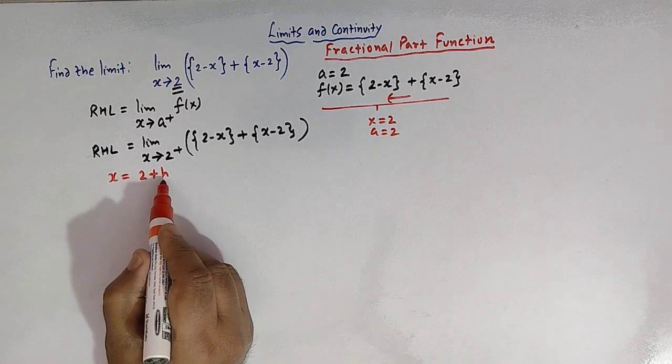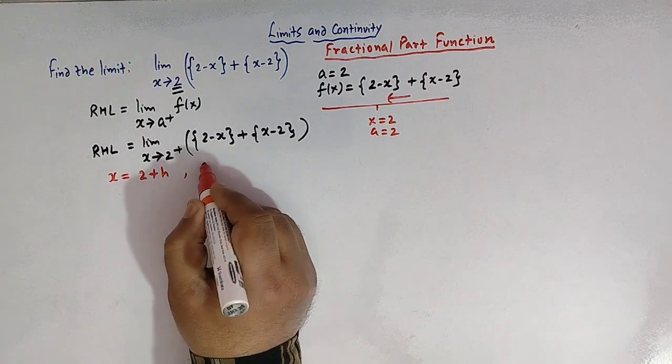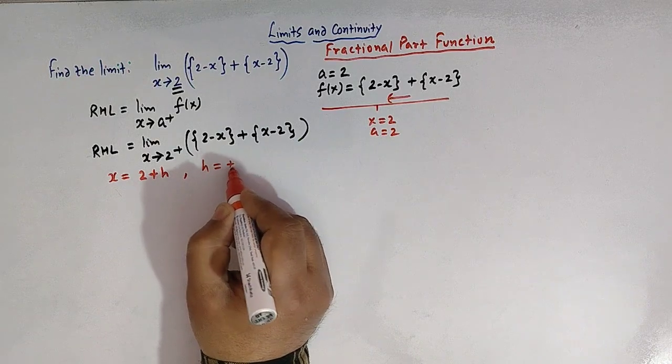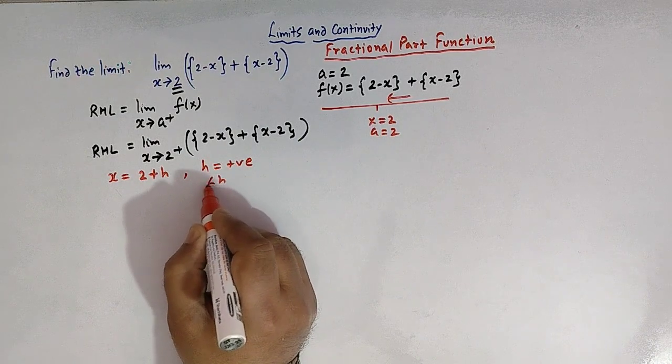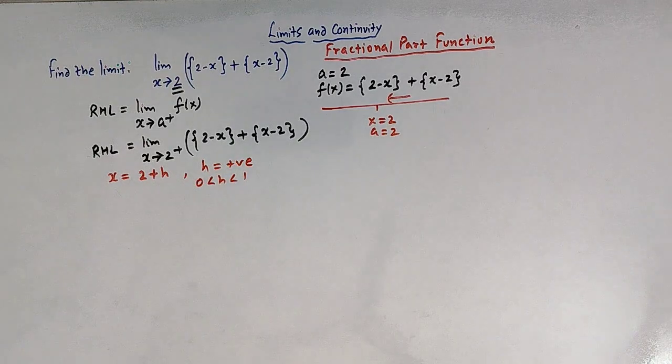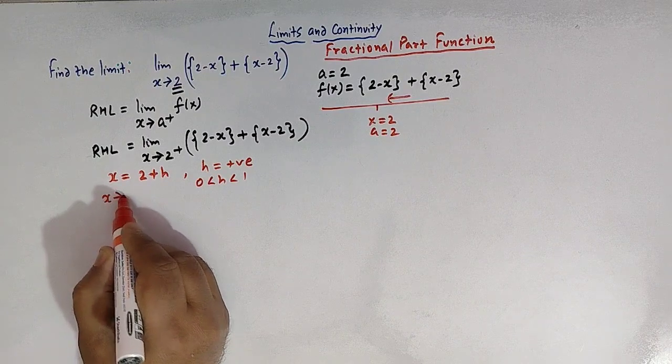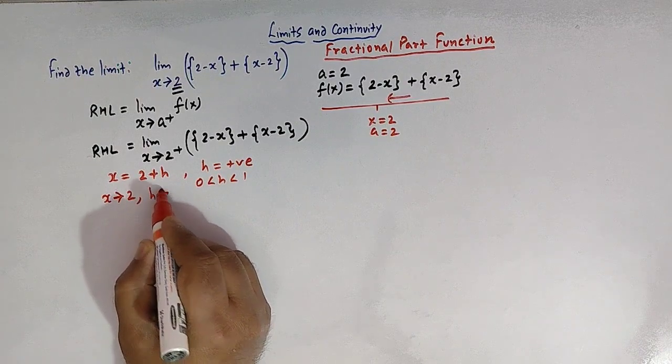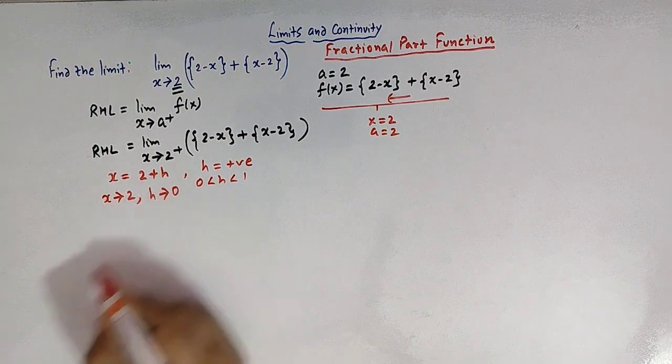So we'll take x is equal to 2 plus h, where h is a positive quantity and h lies between 0 and 1, and moreover the value of h is very very small, right? So now when x tends to 2, obviously h tends to 0, right?